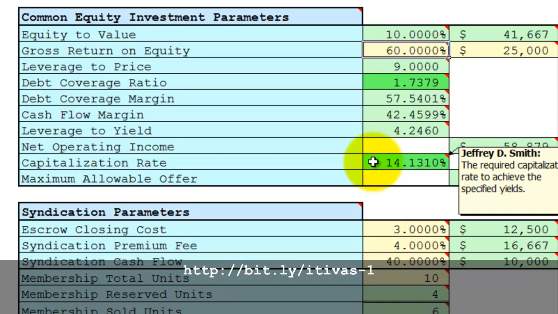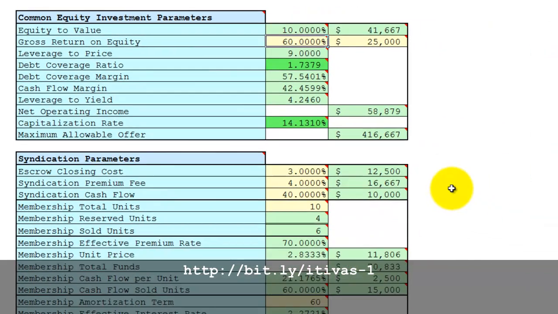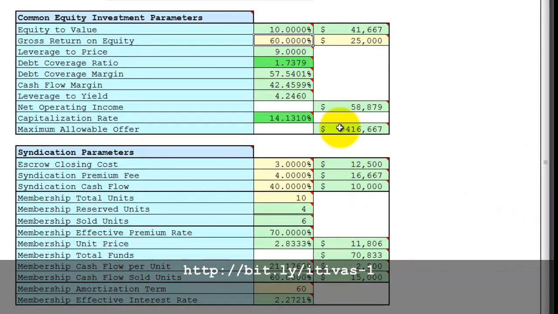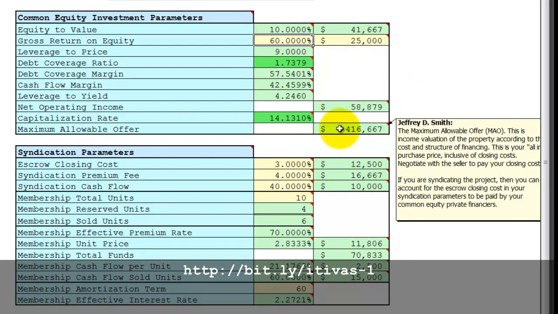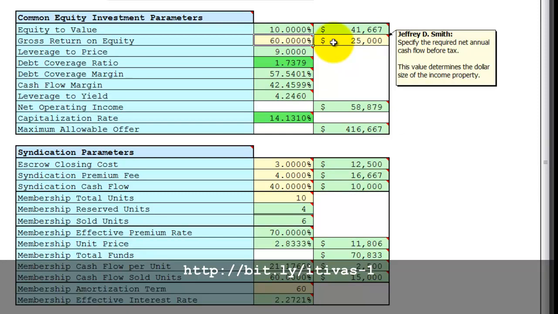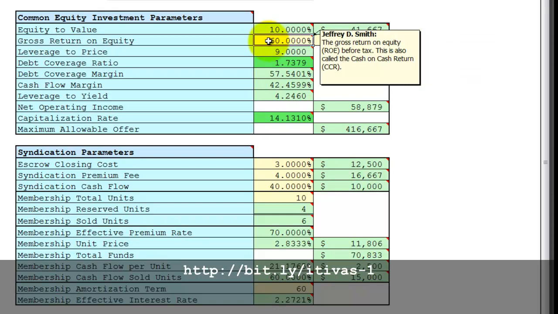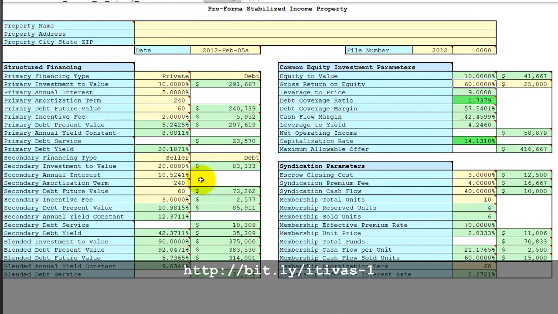So you get an idea of how the cost and structure of financing affects the valuation of the property. You can see that the maximum allowable offer has jumped around from $500,000 up to $800,000 down to $400,000, with your cash flow before taxes remaining the same, just altering the yield on the investment, altering the cost and structure of the financing.